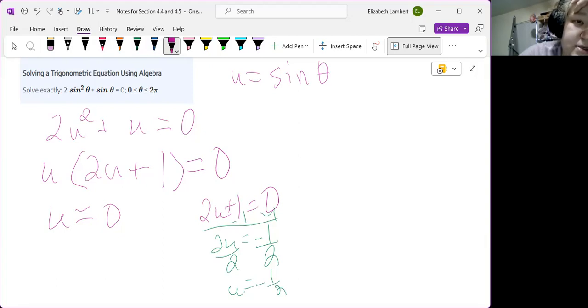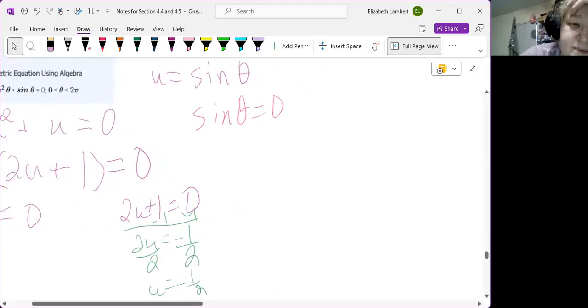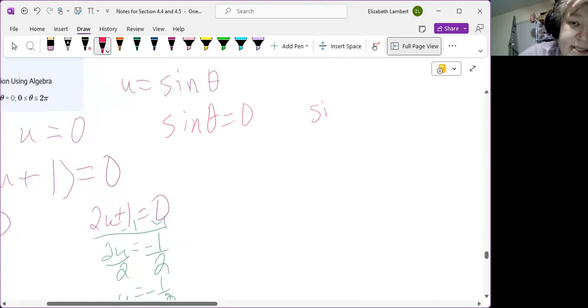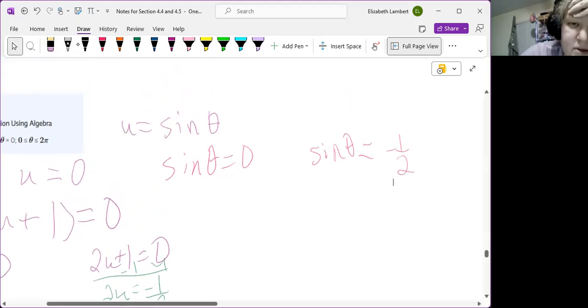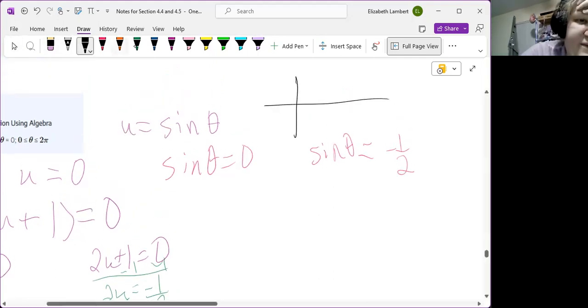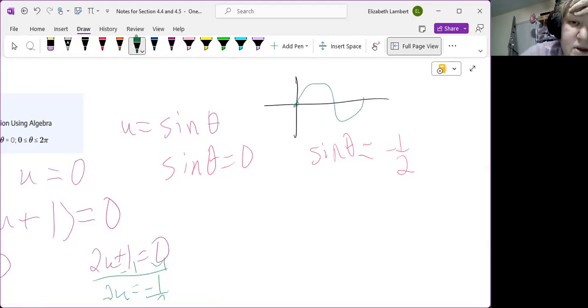All right, so we're going to bring it back to our substitution. This is asking, when is the sine of theta equal to 0? And when is the sine of theta equal to -1/2? All right, so sine of theta equals 0. If I think about my graph of sine, well, it equals 0 at 0.